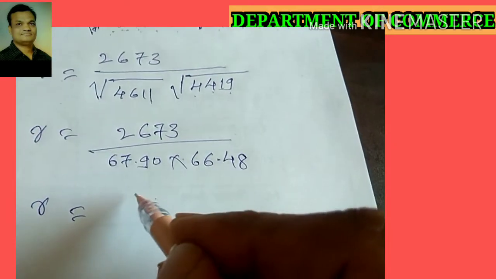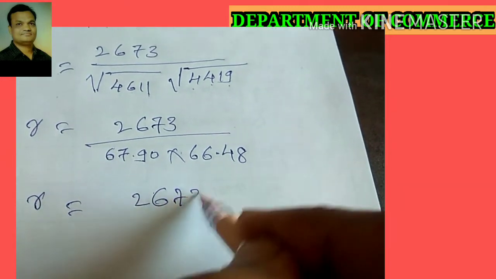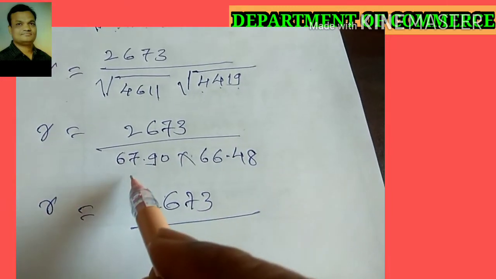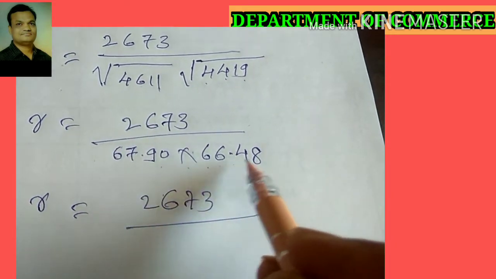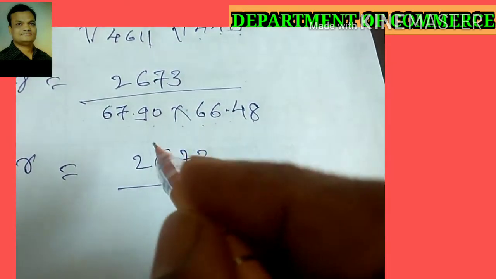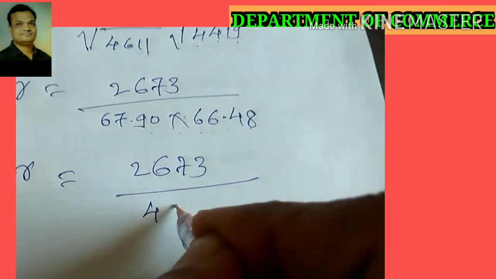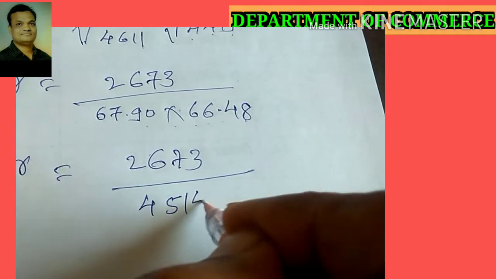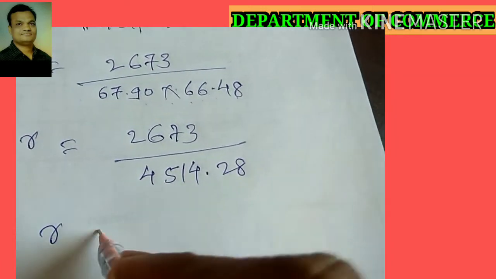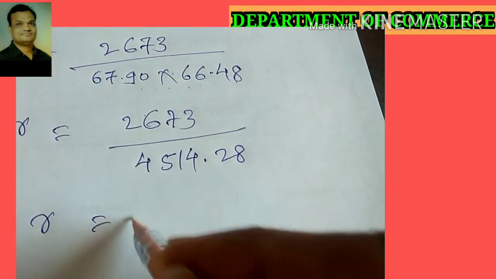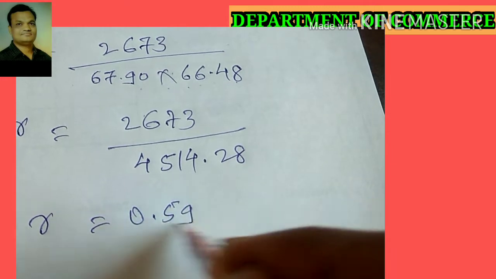Now R equal to, right here, 67.90 into 66.48 equal to 4,514.28. R equal to 0.59.